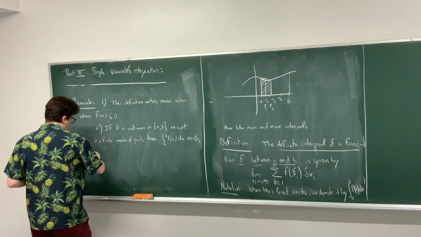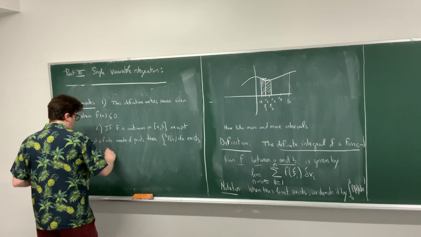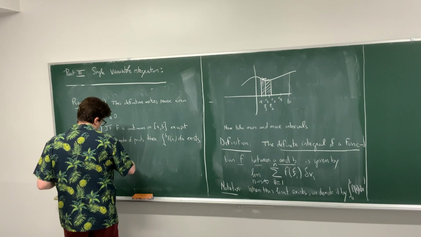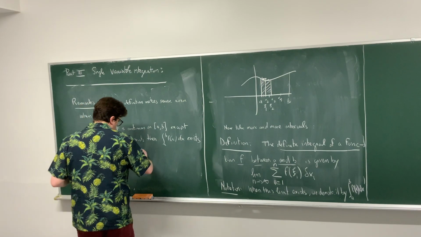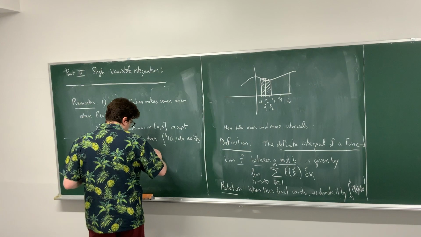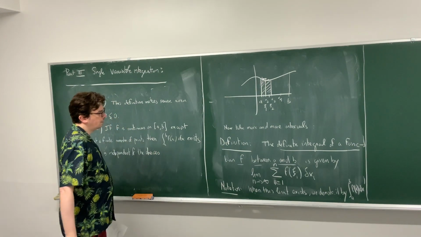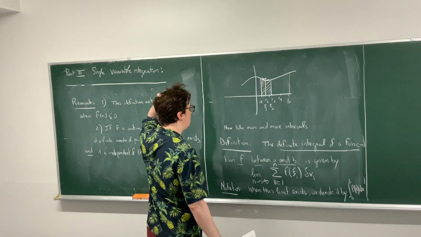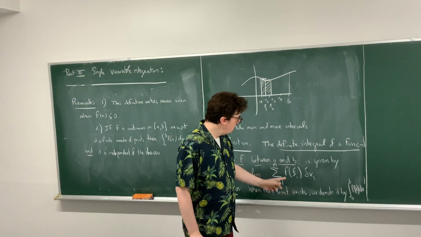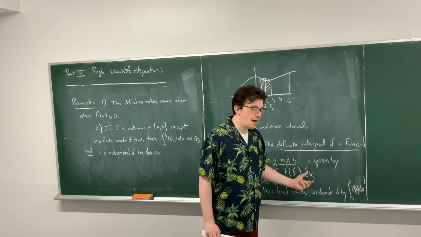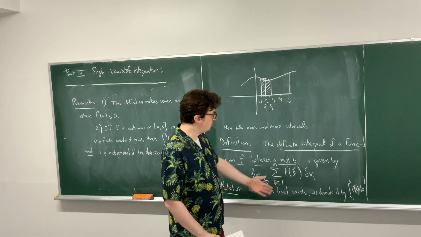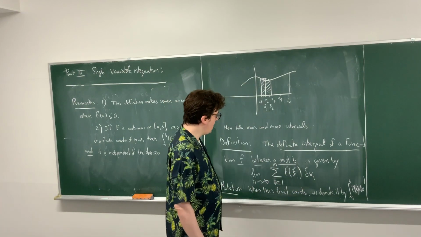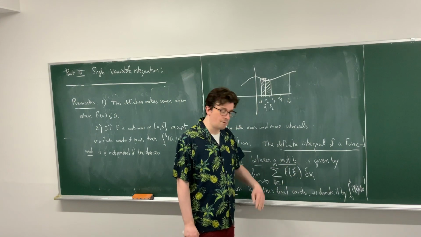And it is independent of the choices. To write this formula, we picked some values x1, ..., xn, a sequence of real numbers, and we picked inside each interval some value.